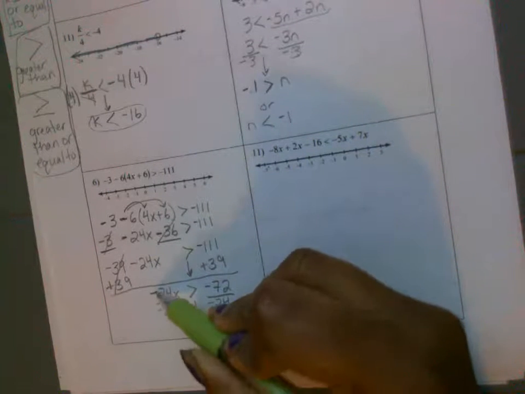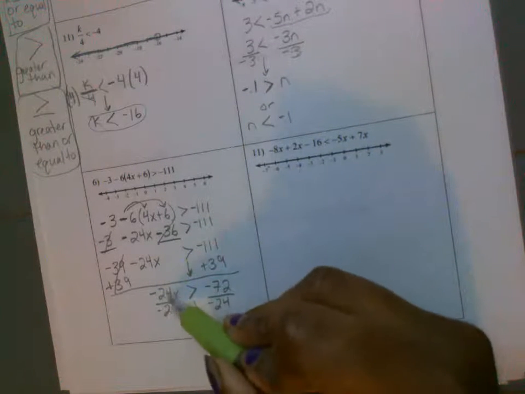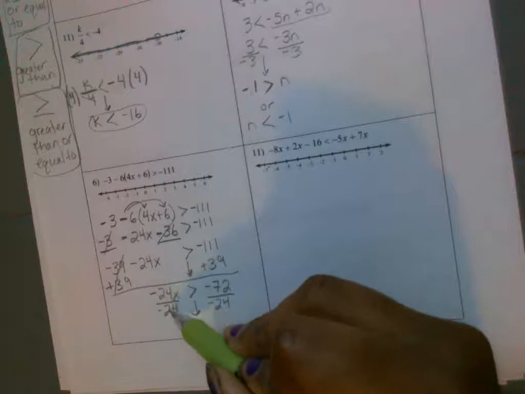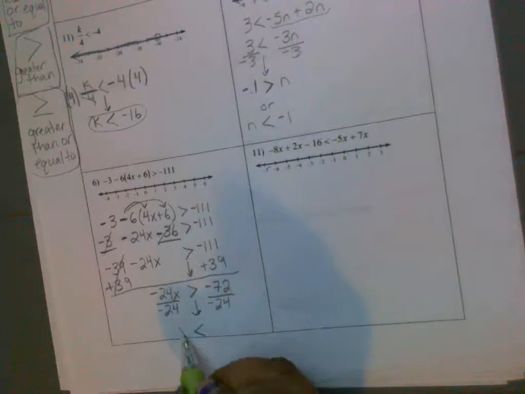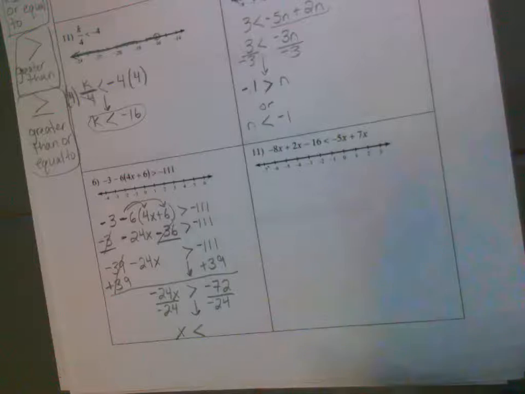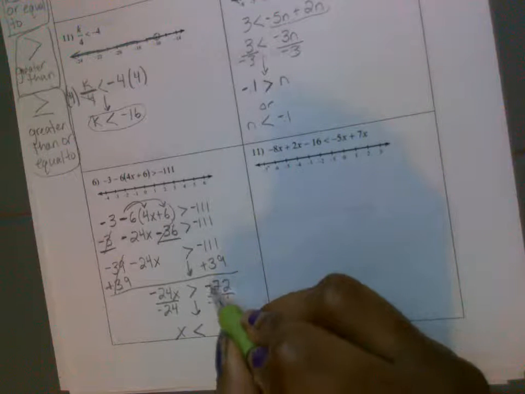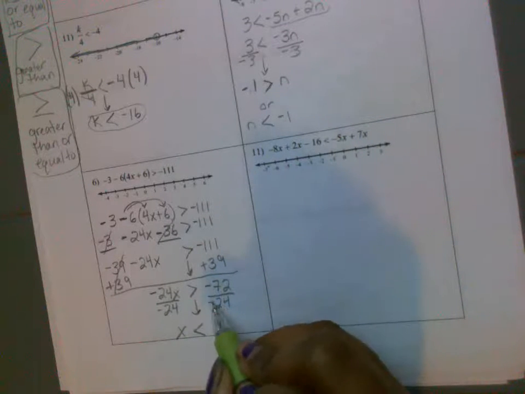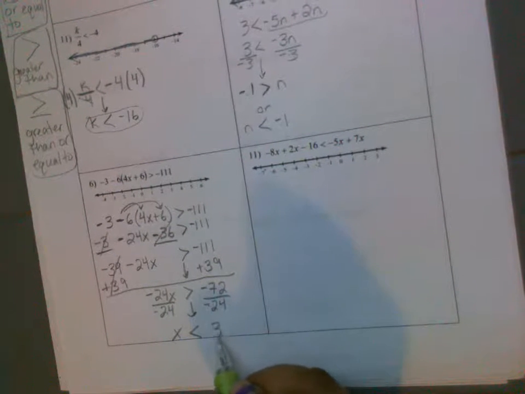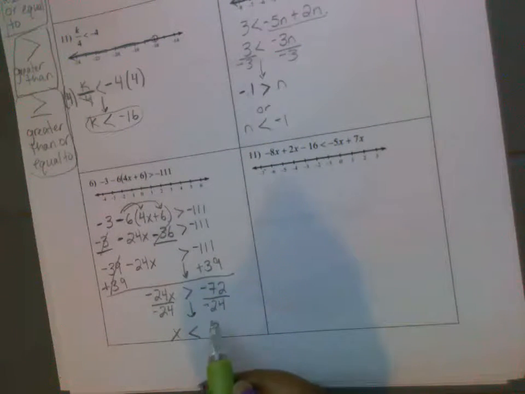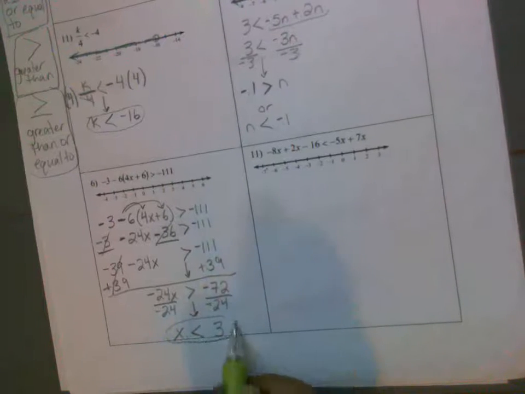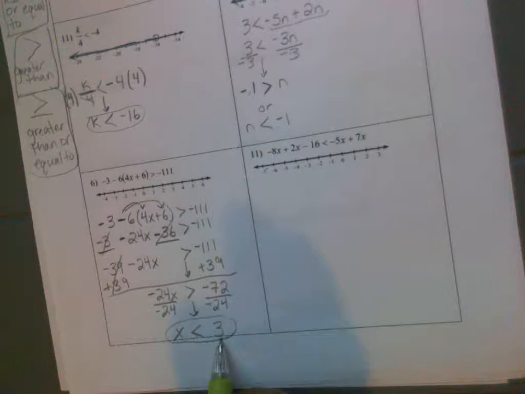A negative divided by a negative is going to give me a positive here. This is going to be a positive 1x or just x. A negative divided by a negative here is going to be a positive here. And this is going to give me 3. So my answer is x is less than 3.